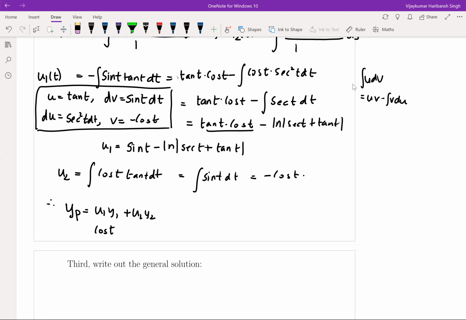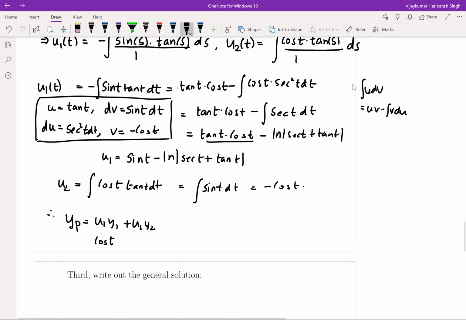For u1 you get sine t minus ln of secant t plus tan t, times y1, which is cos t, plus u2 y2, which is minus cos t times y2, which is simply sine t.